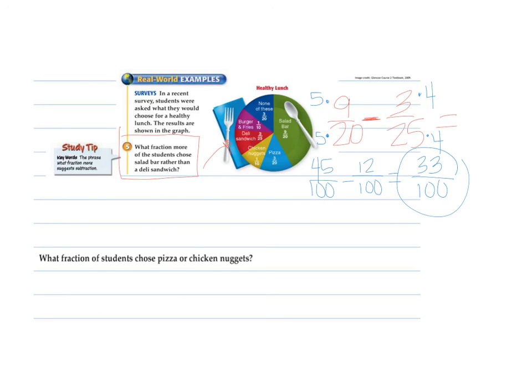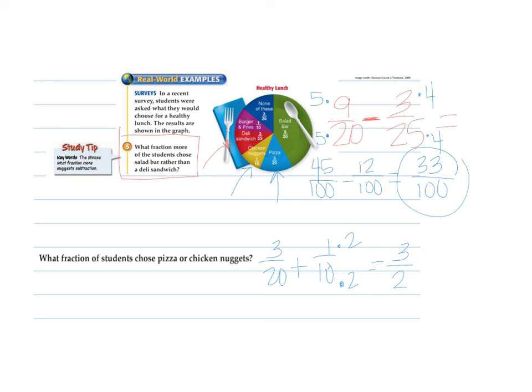And then the last one, what fraction of students chose pizza or chicken nuggets? So pizza is 3/20, chicken nuggets is 1/10. I'm going to add it together. I can change my tenths to 20ths just by multiplying them both by 2, because 10 times 2 is 20.